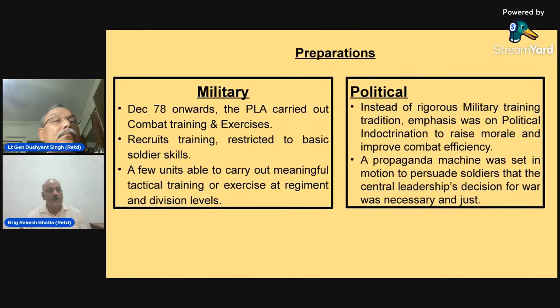Each Chinese soldier was so confident because of the propaganda that they thought that our central leadership's decision for war was absolutely necessary and just. That's why Vietnamese soldiers have said that as far as the morale of the Chinese troops was concerned, it didn't seem that they were conscripts or had just joined the army, because of the serious indoctrination and propaganda carried out from 78 to the actual launch of operations.